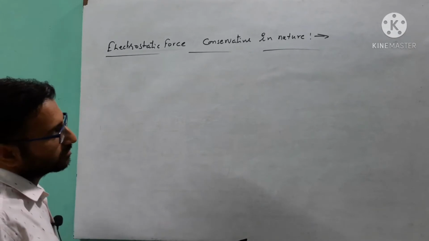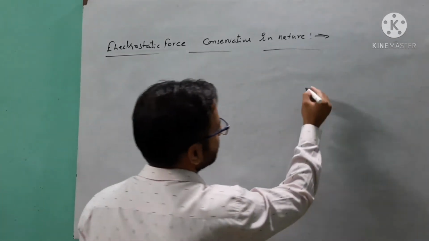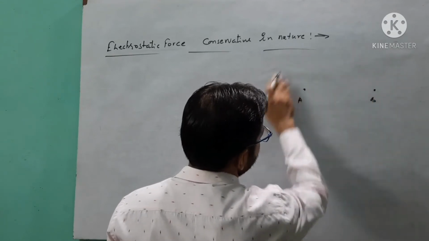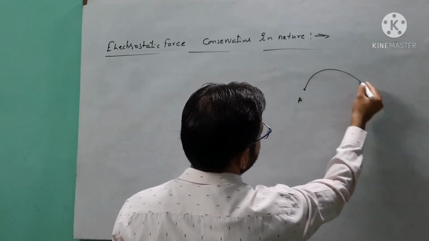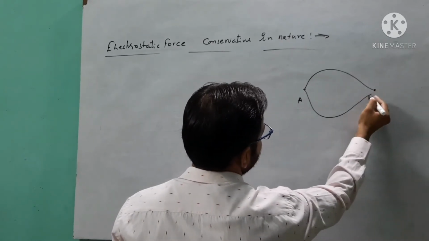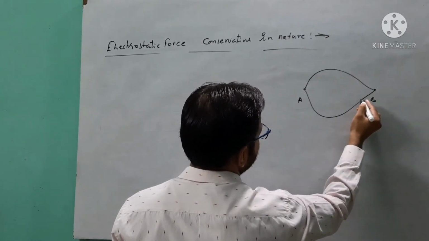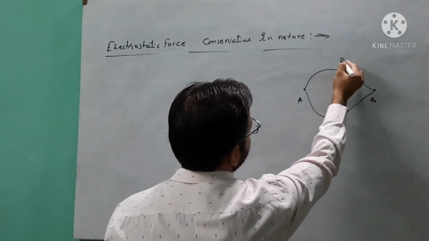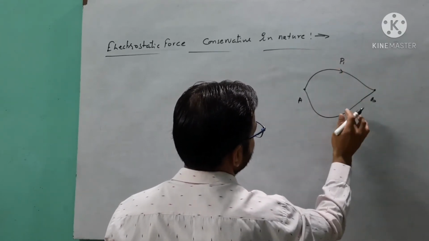For this proof, we will assume two points A and B in an electric field E, and suppose I am taking two paths between them like this. This is our path 1, this is our path 2, P1 and P2. Got it?